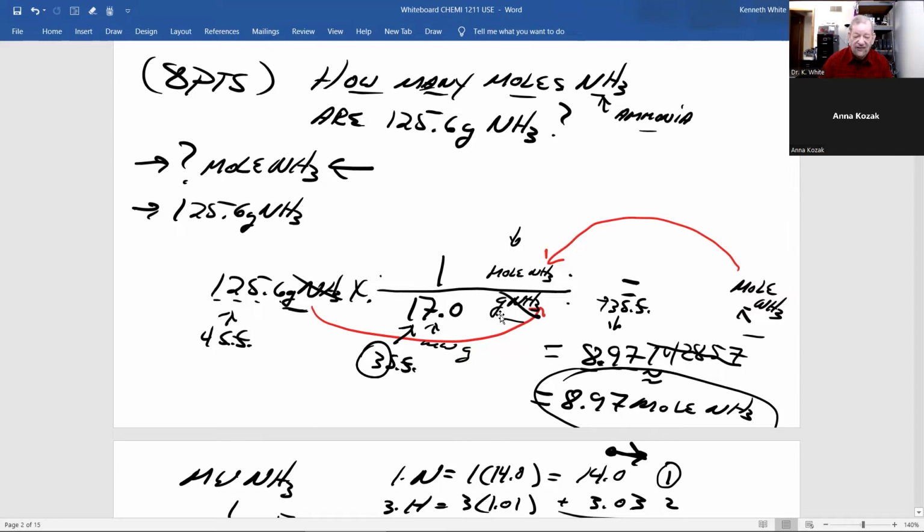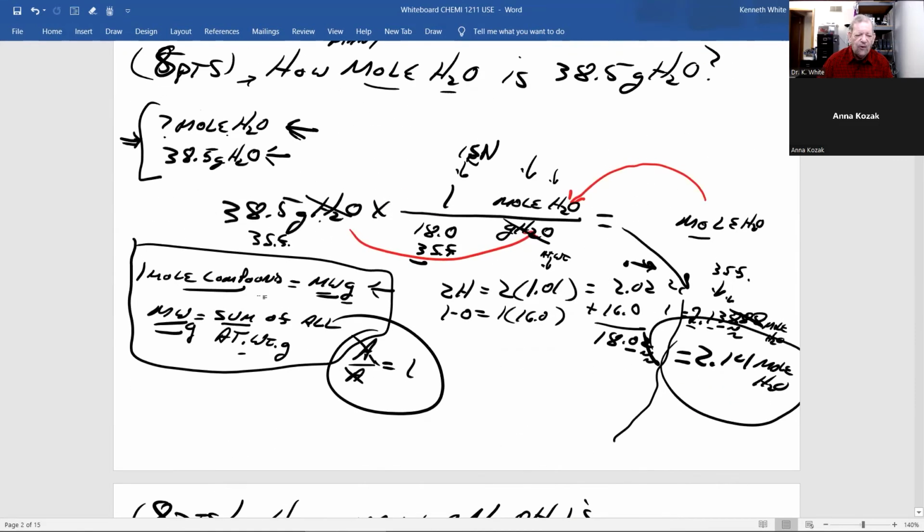And where do we get these numbers? From the fact that 1 mole of a compound equals the molecular weight in grams of that compound. MW is shorthand for molecular weight. And the molecular weight of that compound is the sum of all atomic weights. AT. WT. is short for atomic weights.